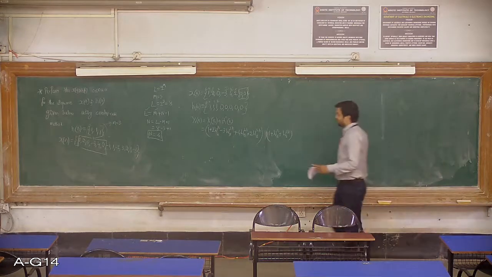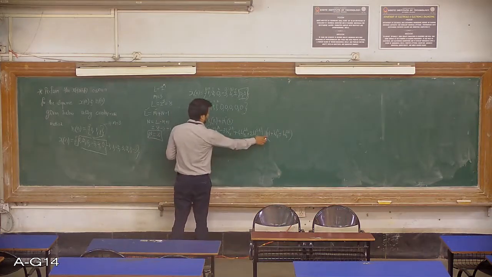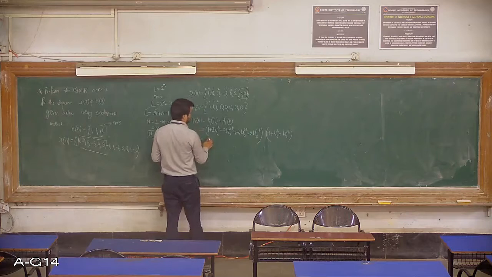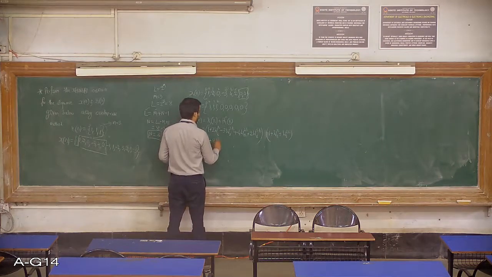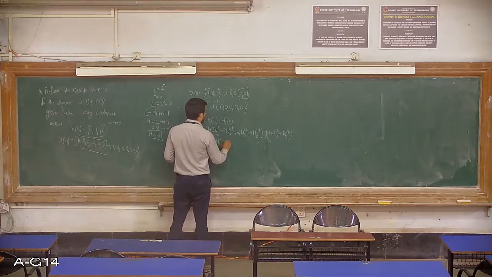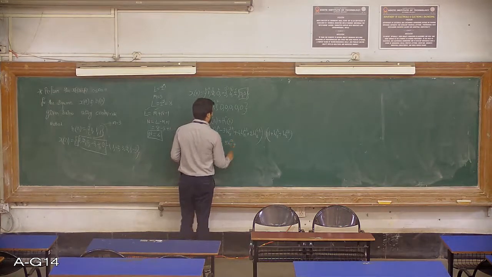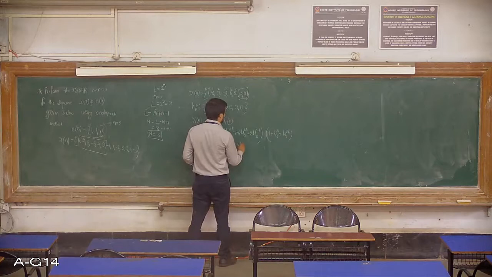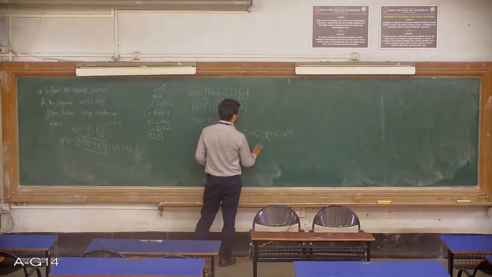Multiply the values. So 1 into 1. I will multiply 1 with this entire equation. So 1 plus 2 W8 of k minus 3 W8 of 3k plus 4 W8 of 4k plus 2 W8 of 5k.